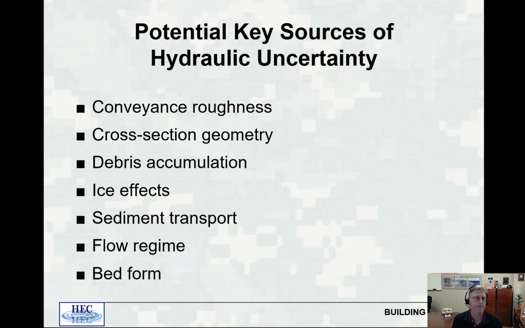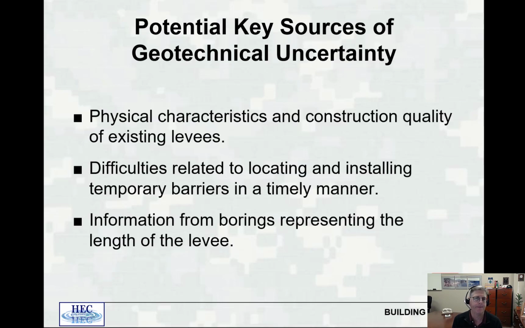Sediment transport, flow regime, whether you're a sinuous channel, a braided channel, you have an alluvial fan, bed form changes, all are factors in what your water surface elevation will be, and therefore there's uncertainty in each one of those factors.